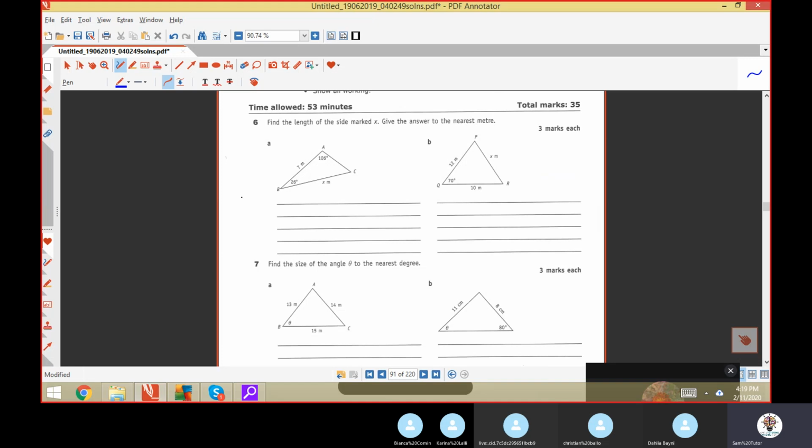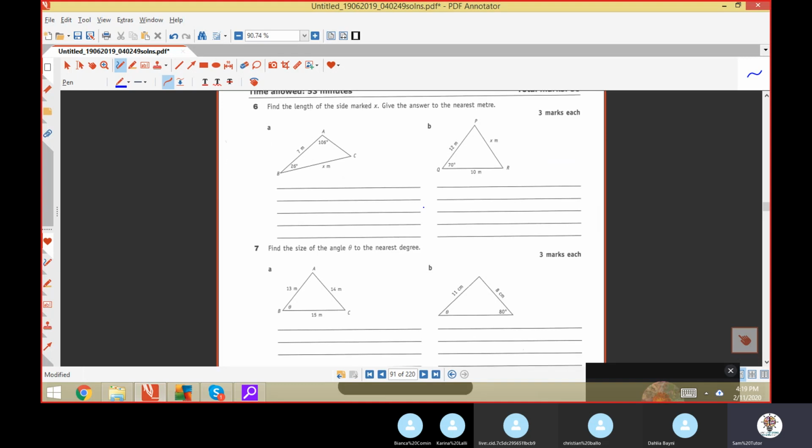Find the length of the side. Yeah, I mean, because it's a topic test, I think it's good to do all the questions, but don't skip any.